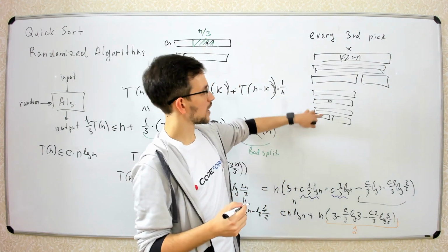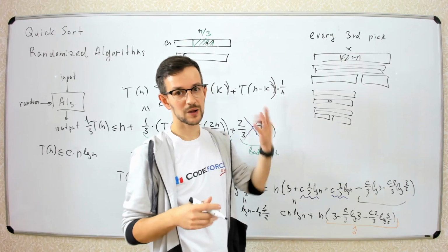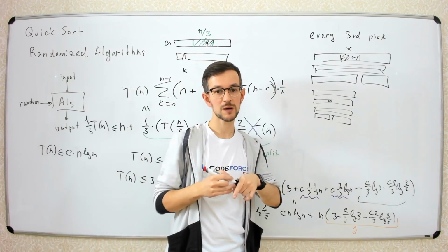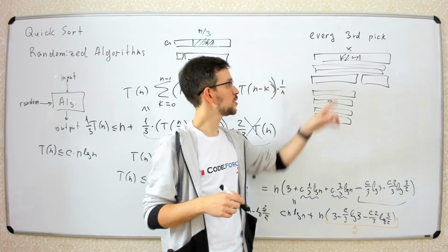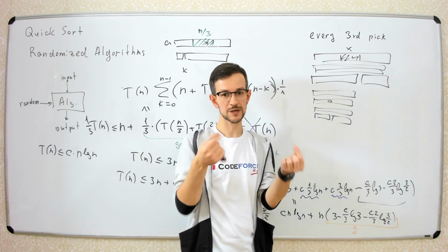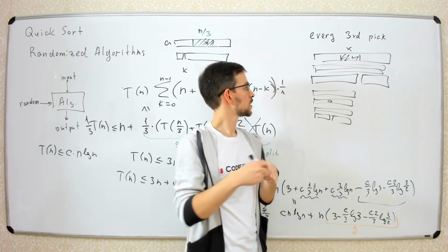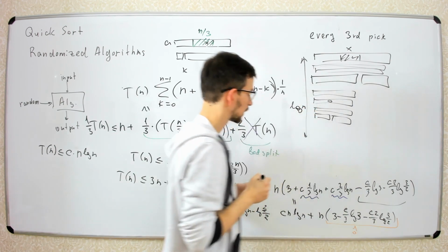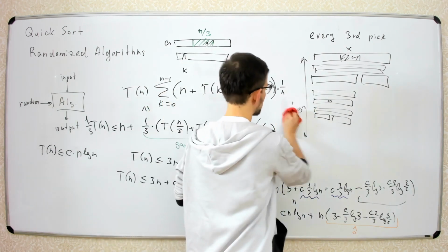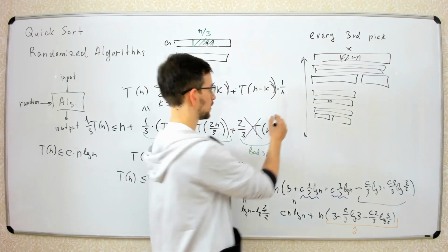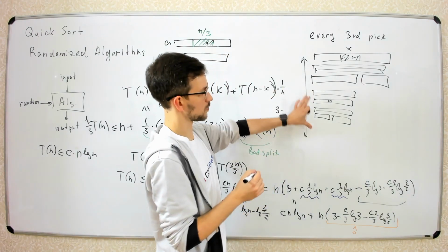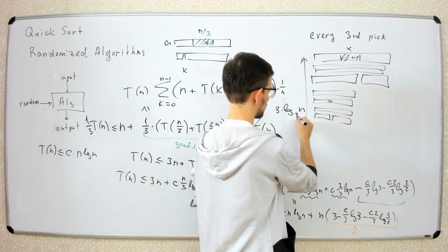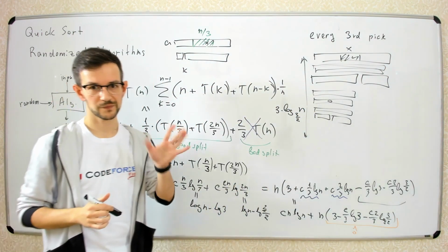So each time, after a small number of picks, about 3, you will have a good split, and each good split will decrease the size of the array by some constant factor. So the depth of this recursion will be logarithmic. It will be about 3 multiplied by the logarithm of n base 3. Something like that.